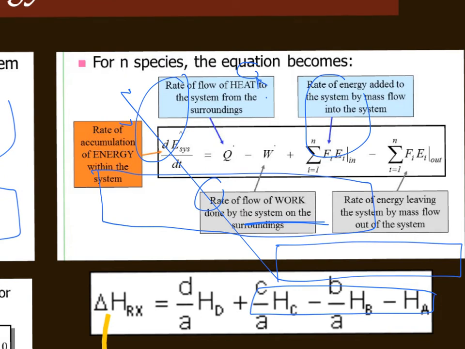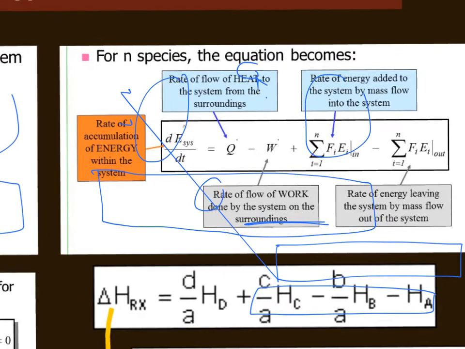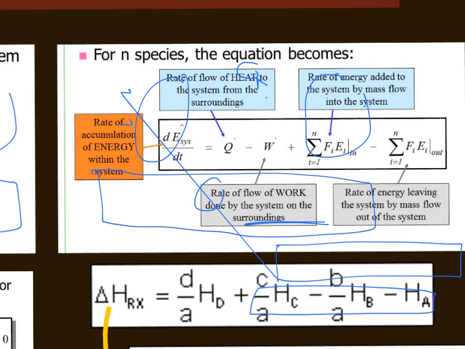For n species, the equation becomes as follows, where Q is the rate of flow of heat to the system from the surroundings. W is the rate of flow of work done by the system on the surroundings.